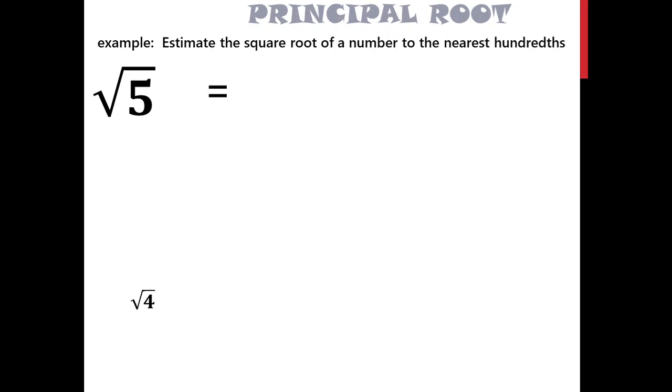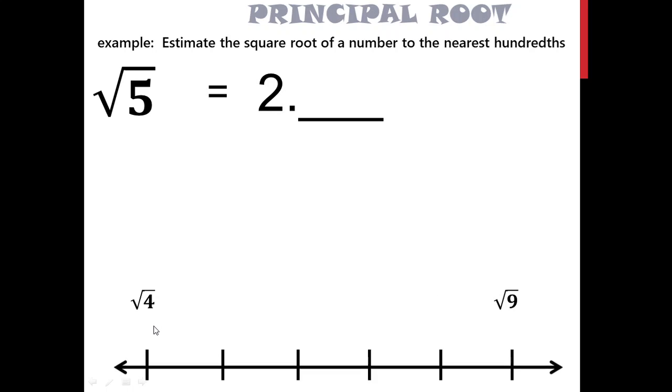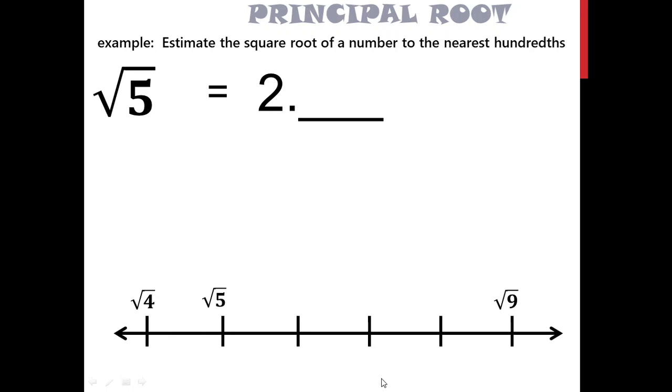Okay, so here, obviously 5 is not a perfect square, right? Now, the square root of 5 lies between the first square number, which is 4, and 9. So obviously, the square root of 5 lies between 2 and 3.